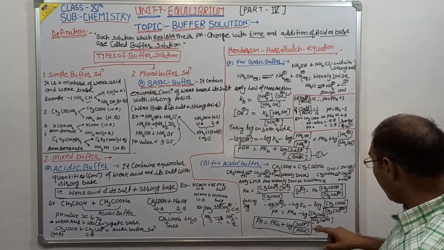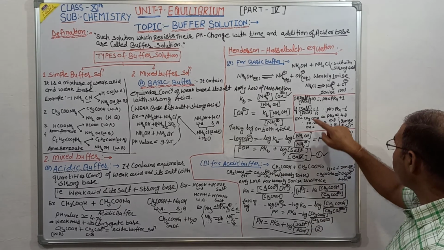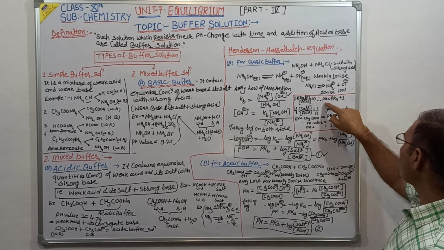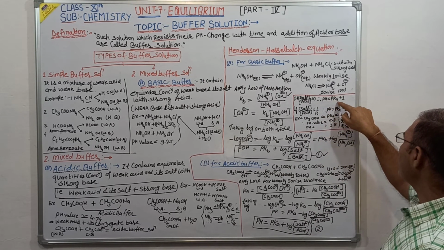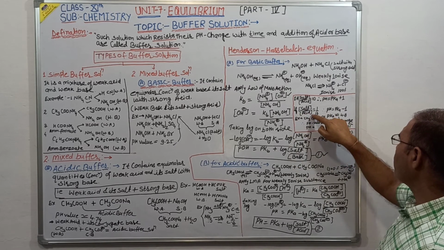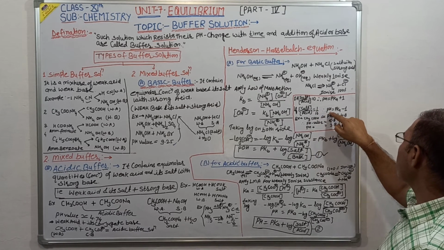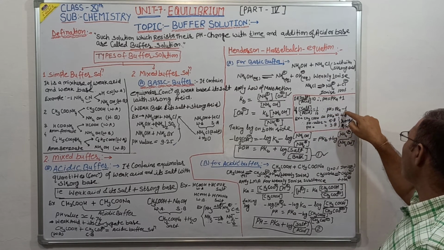Now, if the log of salt upon acid value is 10, then pH is equal to pKa plus 1. And if salt upon acid is equal to 1 upon 10, then the pH value is equal to pKa minus 1.